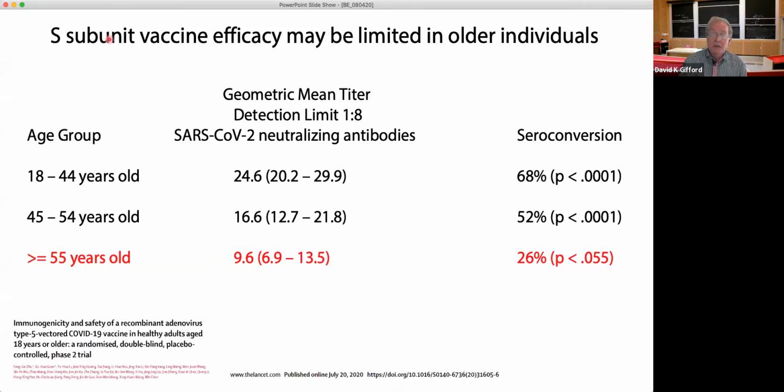They vaccinated individuals with the S subunit and asked what fraction of the folks seroconverted to produce neutralizing antibodies that could stop SARS-CoV-2 from infecting cells in vitro. And what you can see is that while the seroconversion rates for younger groups were quite effective, for people over 55 years old, the seroconversion rates were quite low, which of course is a concern and asks how we could help boost the efficacy of an S subunit vaccine.